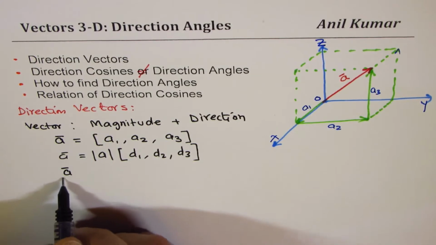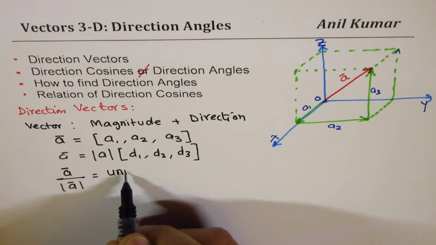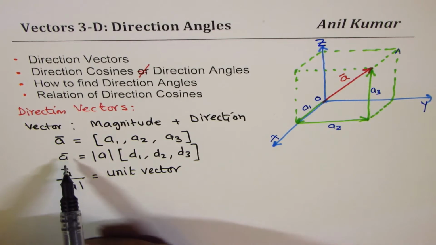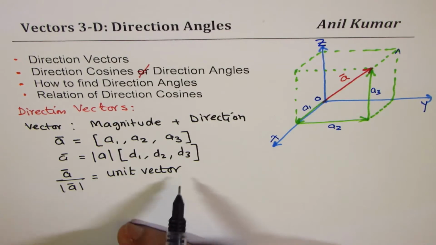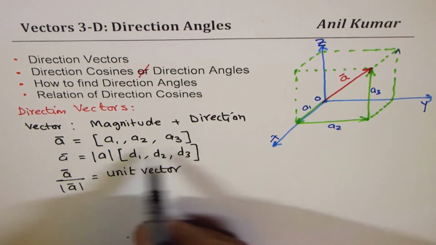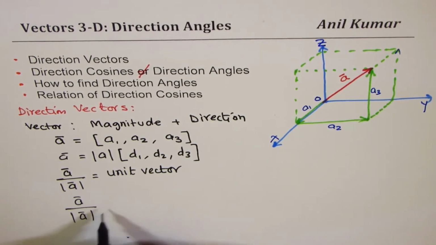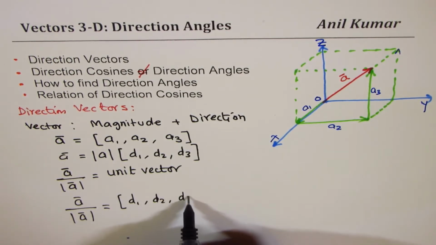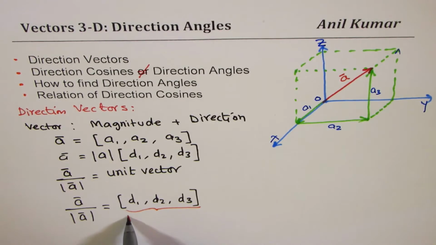If I divide my vector by its magnitude, it becomes a unit vector. Does it make sense? I'm dividing the vector by its magnitude, so the magnitude cancels and we get a unit vector, right? In this equation, this unit vector will be d1, d2, d3. This is what I call direction. So this is the direction vector.